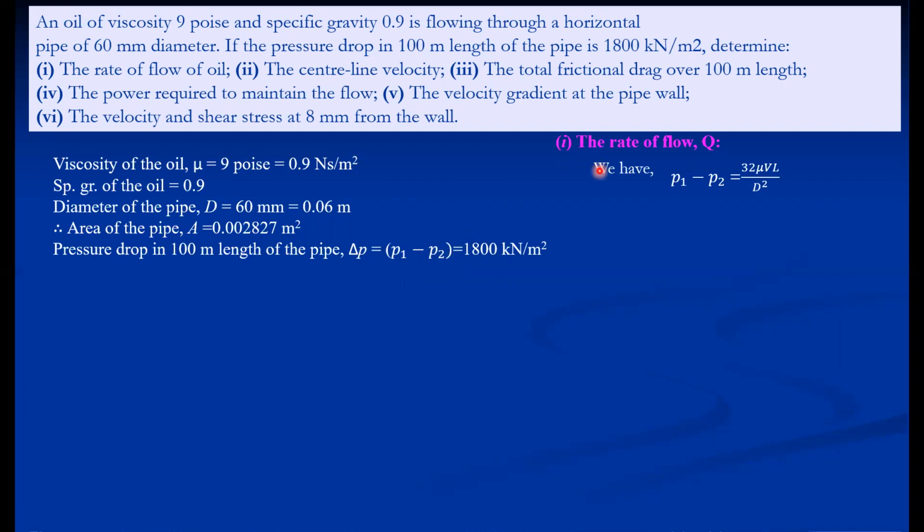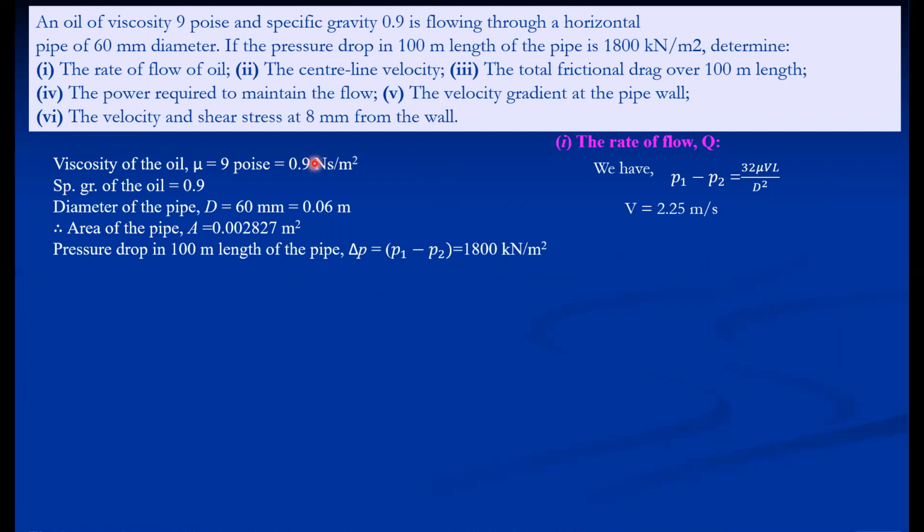Now in this case, P1 minus P2 by L is given, mu is given, the diameter is given, so we can calculate velocity. Putting all these values, P1 minus P2 by L is nothing but 18 kilonewton, so 18,000 after we convert into Newton per meter square.